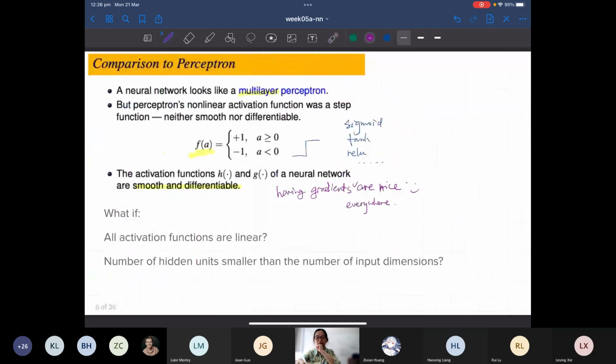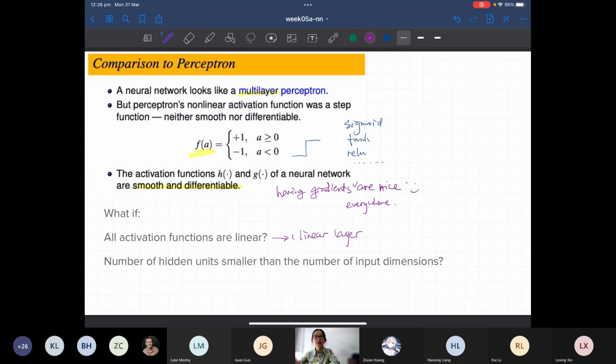So if all activation functions are linear, this goes to one linear layer. There's no need to have multiple layered neural networks.